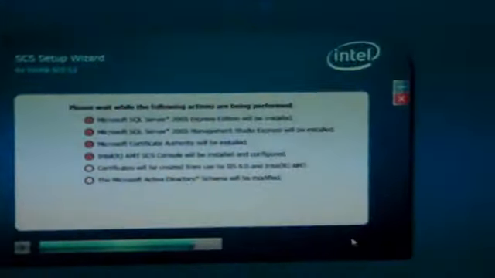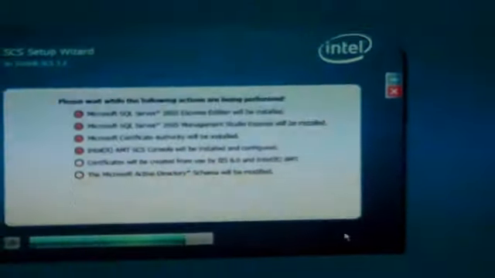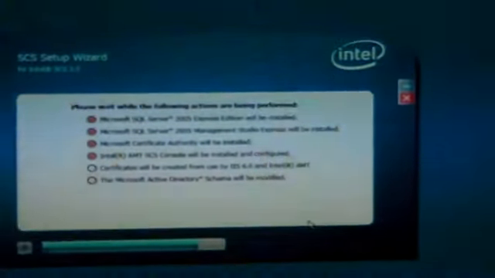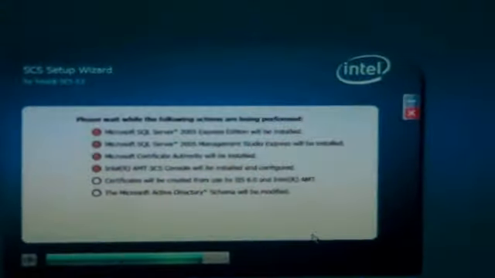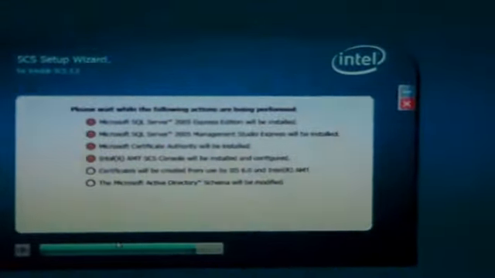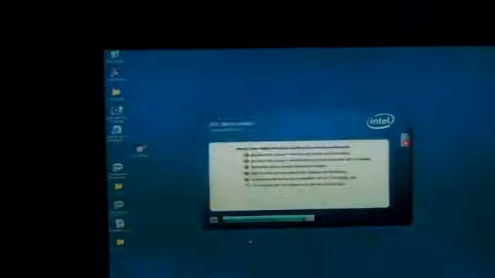So here we are. We're done configuring the server and the enterprise SQL Server for the AMT setup and configuration service. And by the way, this application is something that normally, if you had to do it manually, would take hours, if not up to a day or two, to do by hand.